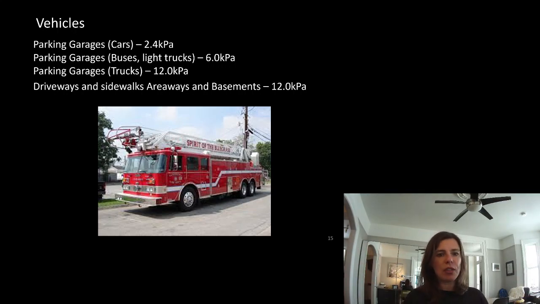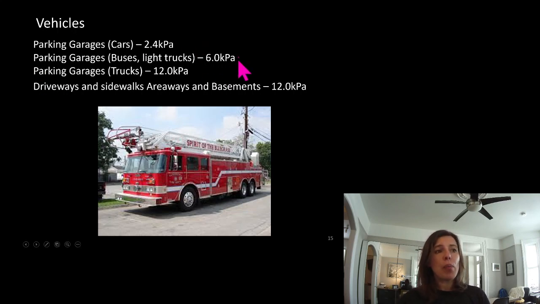We do, as engineers, do checks for pressure due to a tire area with the load of the vehicle on it. But that is well beyond what we're talking about for this course, and it usually just has an impact on our decks, the design of the actual decking material itself. So cars, 2.4 kPa.